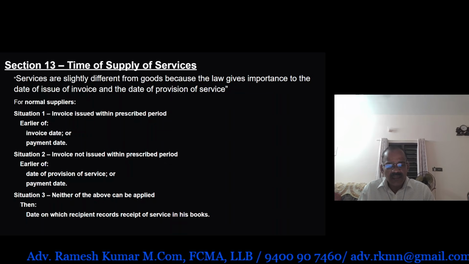Here we can see invoice was not issued within the prescribed period. Now we compare 10th August and 15th August, that is provision of service and date of receipt of payment. So the earlier, that is 10th August, is the time of supply in such situation.